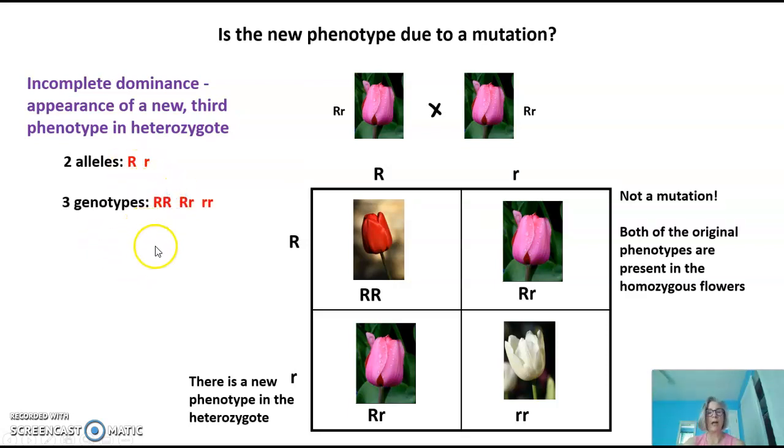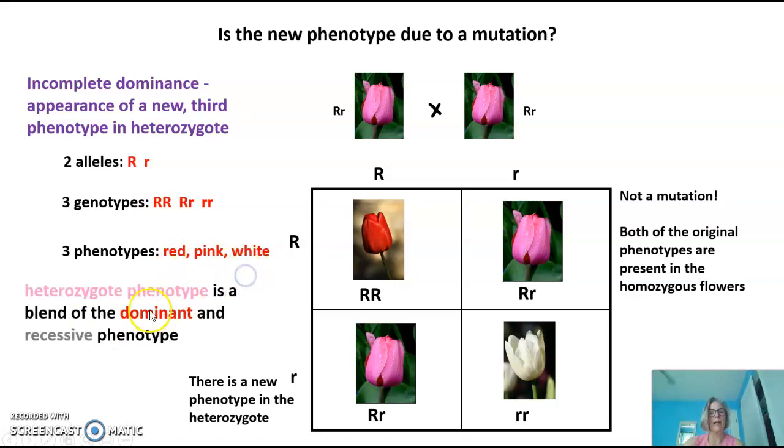You would have three genotypes, homozygous dominant, heterozygous, and homozygous recessive, but you would have three phenotypes, red, pink, and white. The heterozygote phenotype is a blend between the dominant and the recessive phenotype. So in this case, the heterozygote is pink, which is a blend between the red and the white.